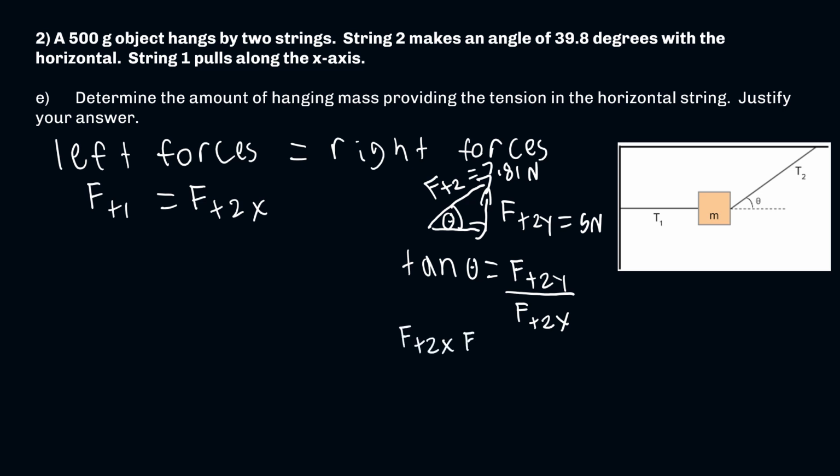FT2x tan theta is going to equal FT2y. Since FT2x is attached to tan by multiplication, I want to do division. So let me show this.